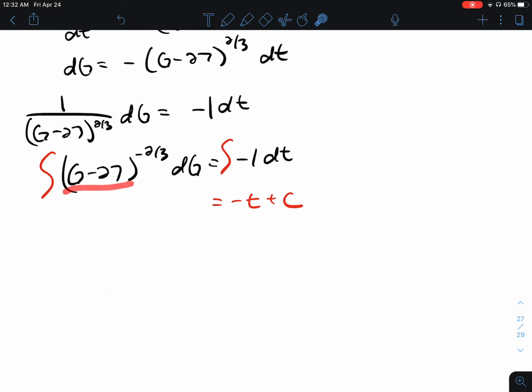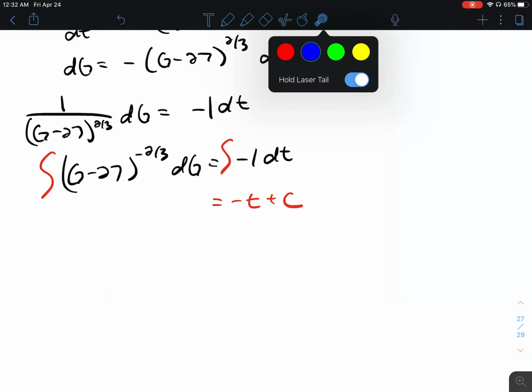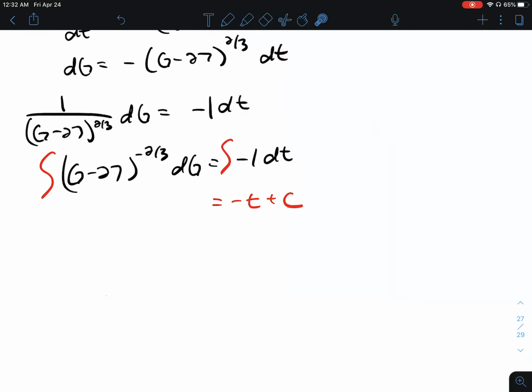On the left, this requires a u substitution, substituting u for the inside. However, a thing that we can skip that I just learned: if u substitution needs to be used, and it does here, but the derivative of your u is 1, you are not required to show the work for the u substitution. So let me show you what I mean.